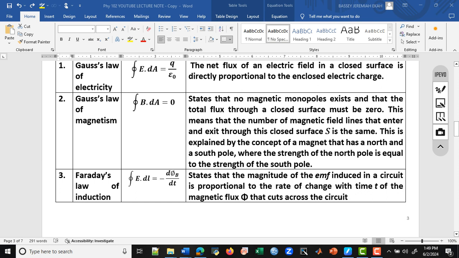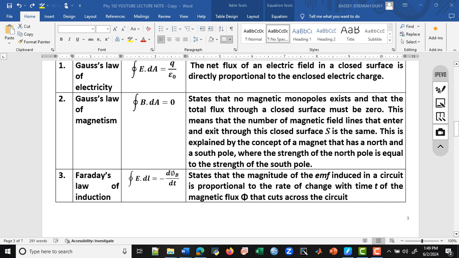Let me read further. This means that the number of magnetic field lines that enter and exit through this closed surface is the same. This is explained by the concept of magnets that have a north and south pole, where the strength of the north pole is equal to the strength of the south pole.